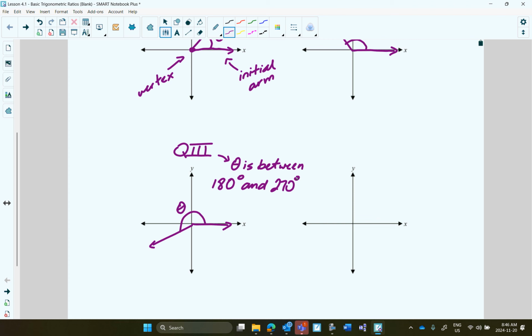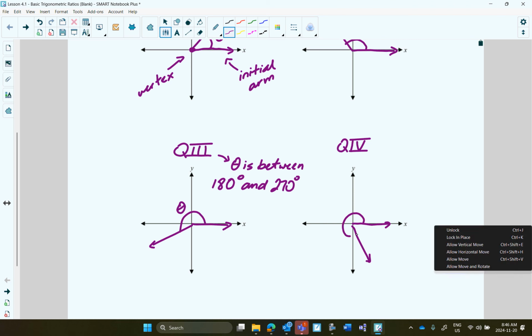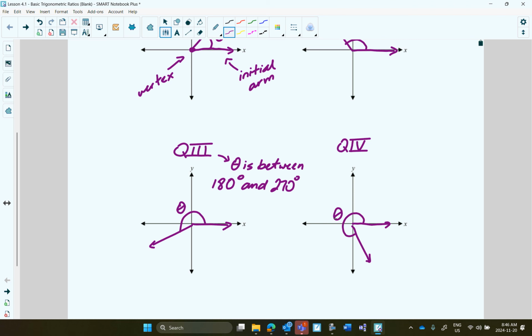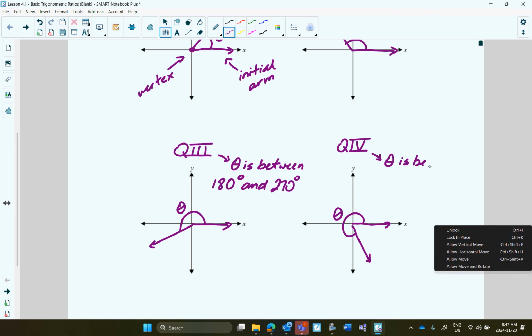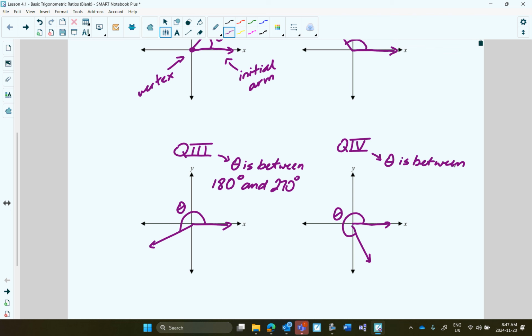And then finally, quadrant 4. Initial arm stays the same, but our terminal arm is going to be somewhere in quadrant 4, and our angle is going to be that. Which means any angle we draw in quadrant 4 is going to be between 270 degrees and 360 degrees, which is a complete circle.